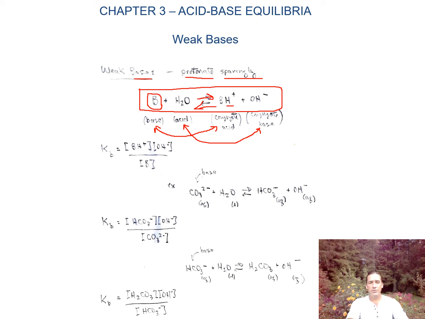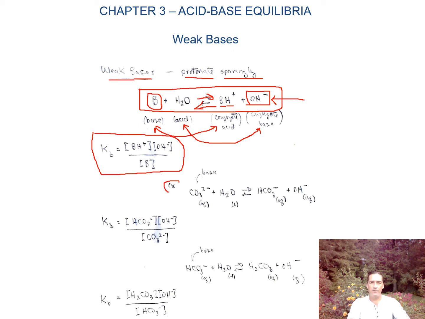So you should be able to write a reaction showing the protonation of a base, reacting with water to form the protonated form of the base, and you're left with hydroxide. So this affects the pH of the solution. You should again be able to write the equilibrium expression for this equation.